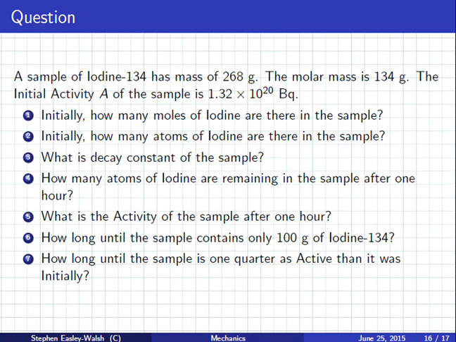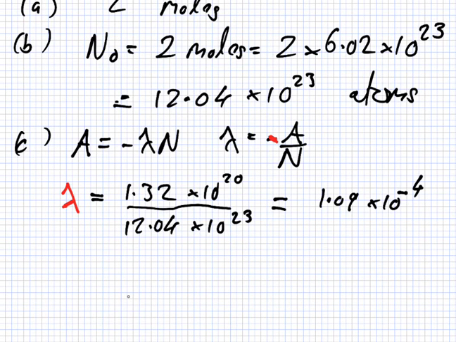How many iodine atoms are in the sample after 1 hour? Okay. So we used the formula which you just proved: N equals N0 e to the minus lambda t. We want to be careful about the powers and the signs here.